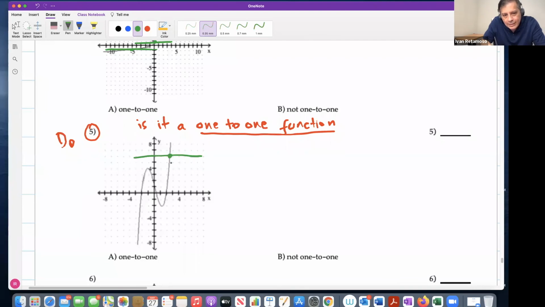Look here, the line is meeting the curve at once. But you gotta go in general. You gotta check if that happens in general. Not here, look, three points of intersection here, three points of intersection here. Even though here it meets the curve only once, because of this part, no, it is not a one-to-one function.